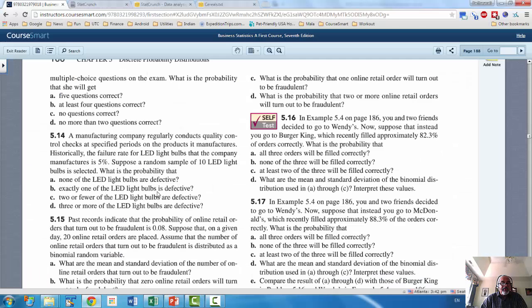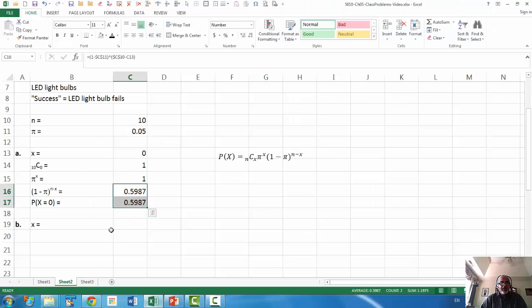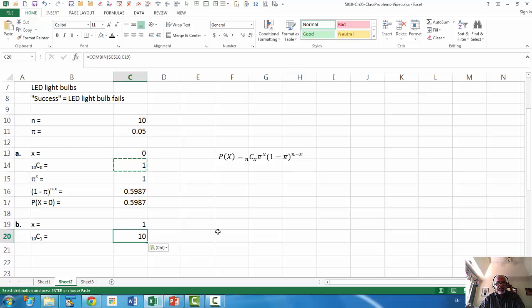The next question is exactly one of the light bulbs is defective. So here we want exactly one, and now what we want is 10 combination 1. Since we have set up the formula correctly with absolute references, you can copy that and you would get 10 combination 1.